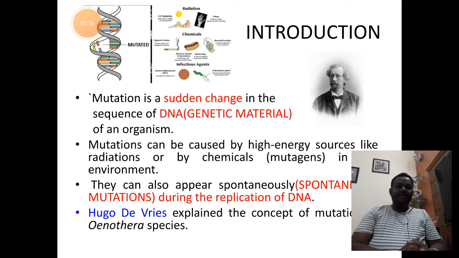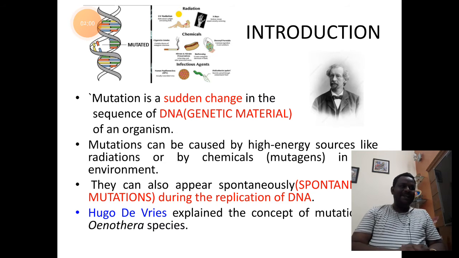Coming on to the introduction part of mutations. Mutation, as you were learning from your previous semesters, can be defined as a sudden change in the sequence of genetic material, that is, nucleotides of DNA.